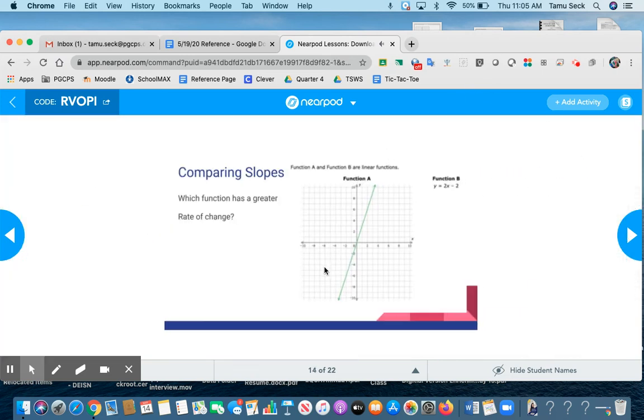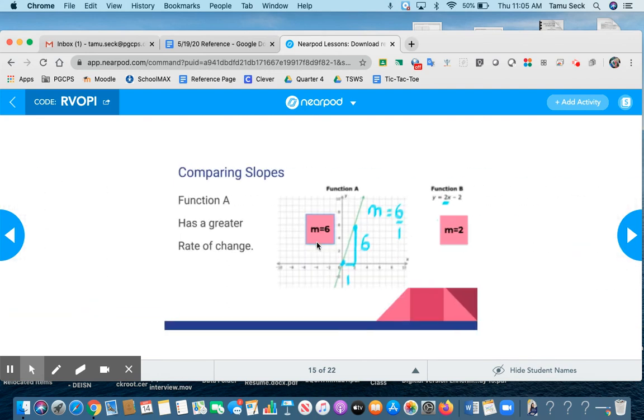Okay, so which function has a greater rate of change? So I would like you to stop the video and try to solve this problem. Okay, so function B, we don't have to do any math to find its rate of change.